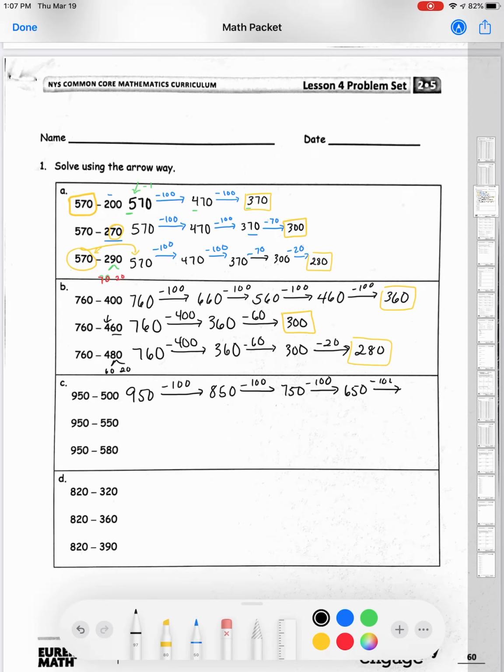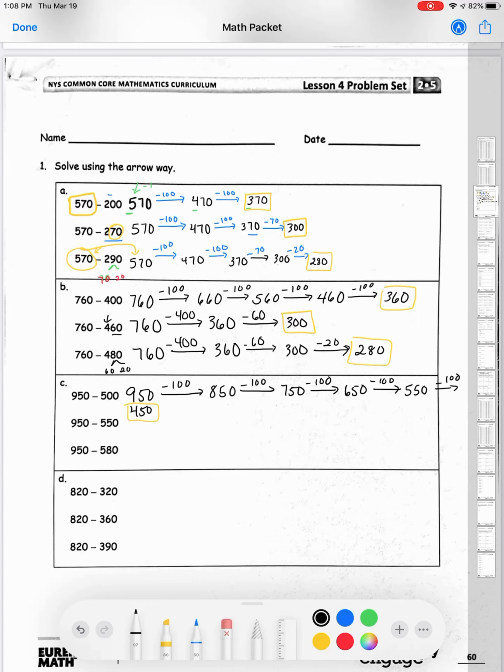Minus 100, 100, 200, 300, 400 puts me at 550. And minus 100 puts me at 450. Okay, let's double check. 100, 200, 300, 400, 500. So now my answer is just 450.